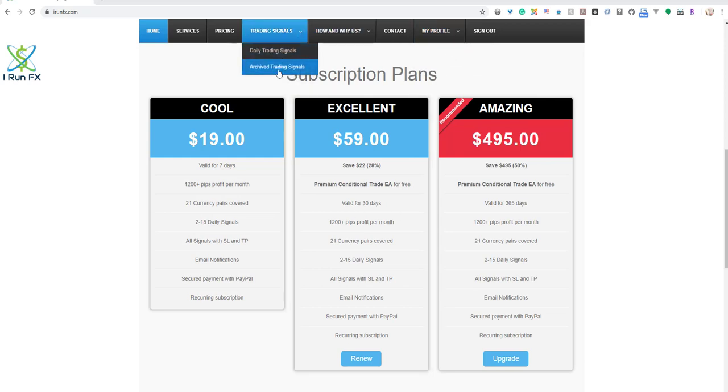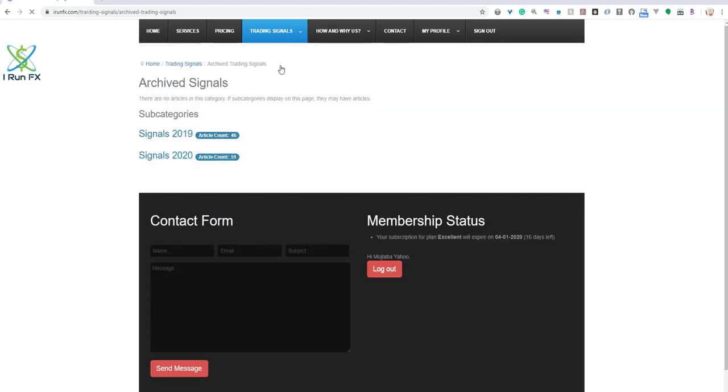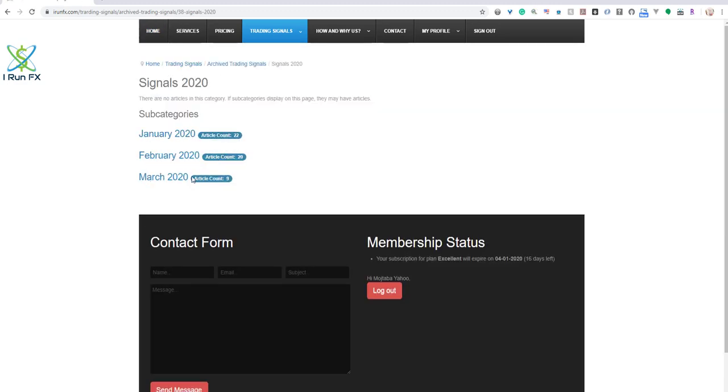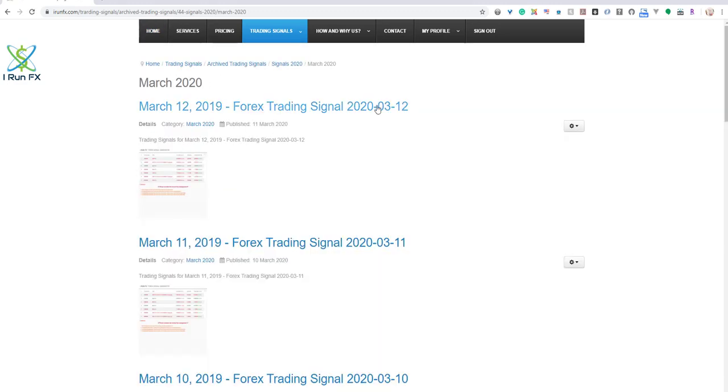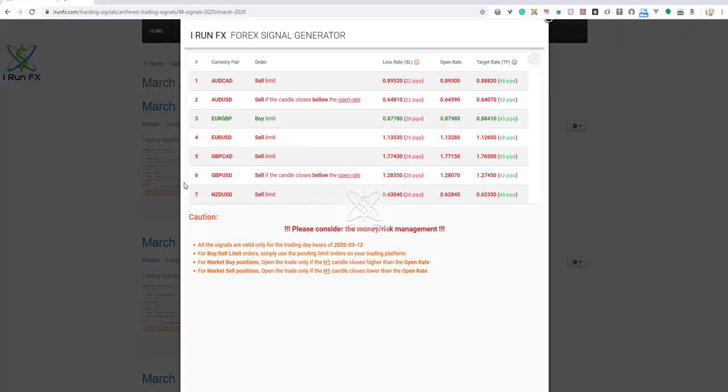Let's open one of those archived signals which they provided. Let's see, we are gonna try this one. You notice this is the daily trading signals they provided, and the day is mentioned here. You'll see that there are two major types of orders here.